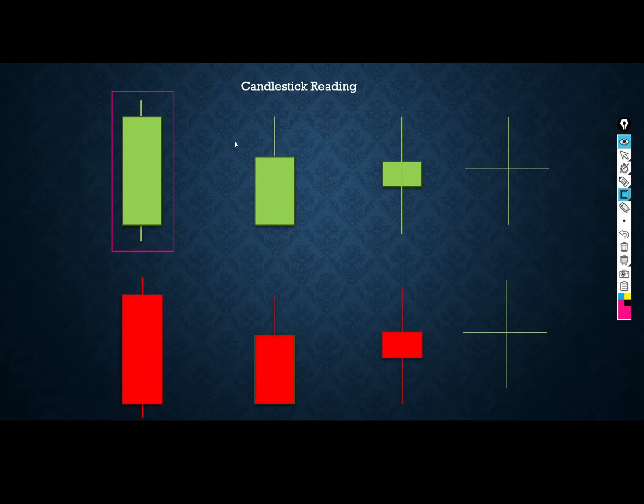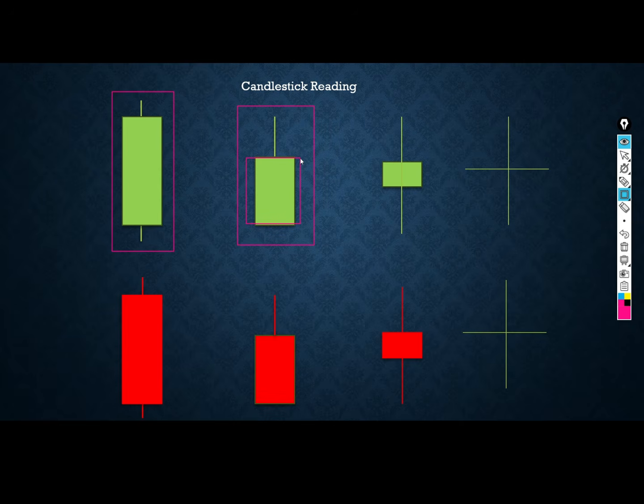Now coming to this medium bullish candle. Buyers are still in control. The candle opened at this level and went up to this level. From here, a significant amount of sellers absorbed the buyers' pressure.